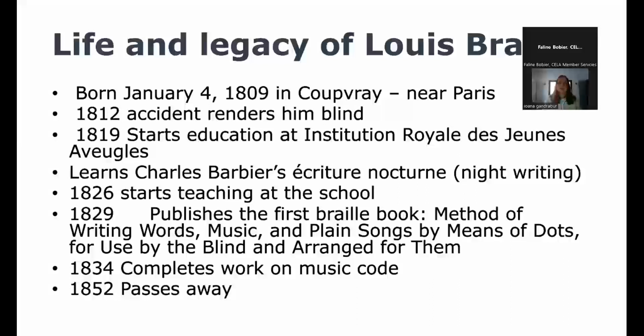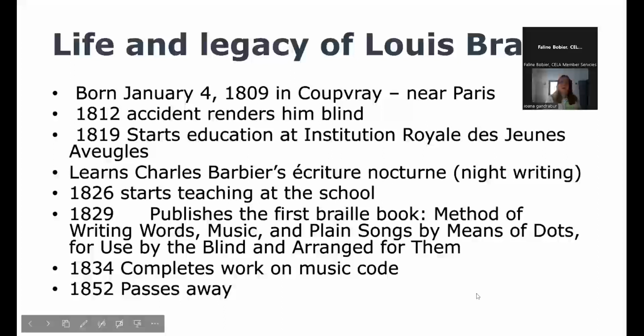And in 1829, he publishes the first Braille book, Method of Writing Words, Music, and Plain Song by Means of Dots for use by blind people and arranged for them. This was a milestone, and it's interesting to know that, being a great musician himself, he developed the music code and the alphabet at the same time.